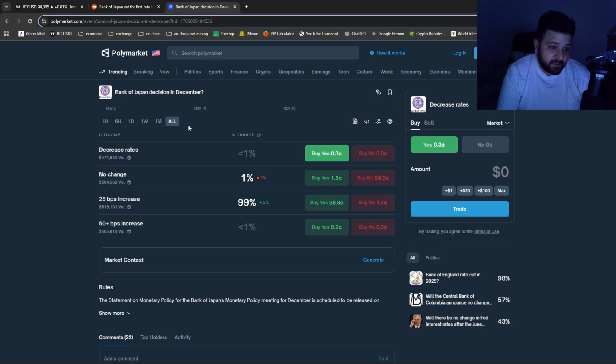This will trigger a massive global sell-off across the stock markets, as these investors cannot simply refinance through US banks. They borrowed cheaply in Japan and now cannot replace those loans at the higher rates in the US. As a result, there is significant selling pressure across global markets.